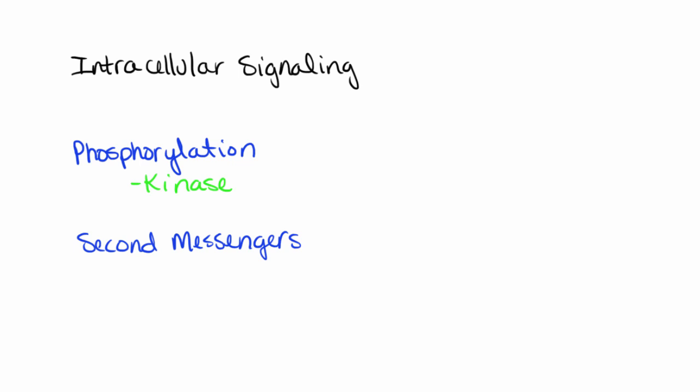These kinases are typically named for the substrate that they're phosphorylating. So we'll see sometimes they're called tyrosine kinases or serine kinases, but they are adding a phosphate group to a molecule.